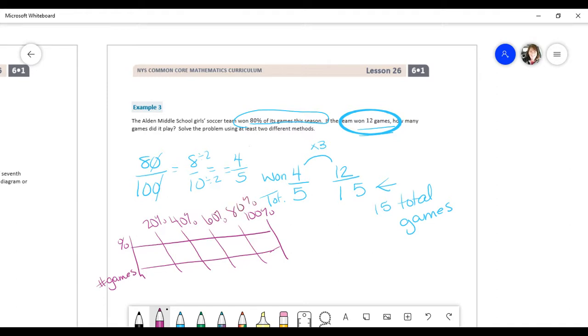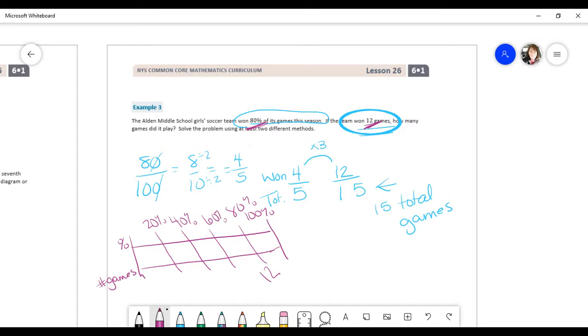And we know that the team won 80, and that was 12 games. So I know that 12 had to go across from the 80. So I need to figure out what I'm counting by so that I will land on 12.